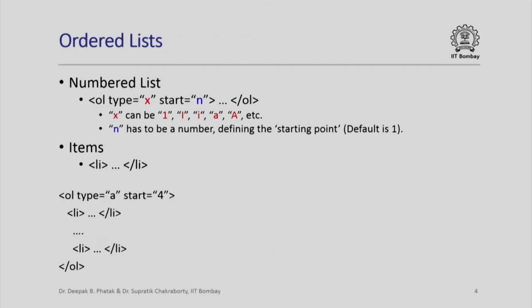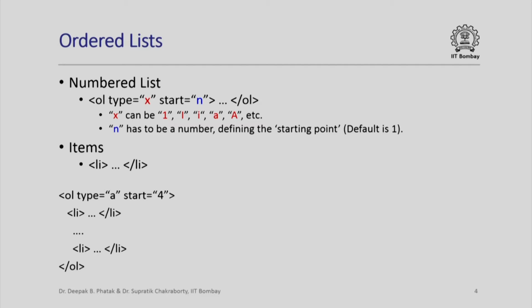Let us look at how we can prescribe an ordered list. Typically an ordered list is enclosed in the tags OL and /OL. The tag OL can be used to further define what type of ordered list that we want.